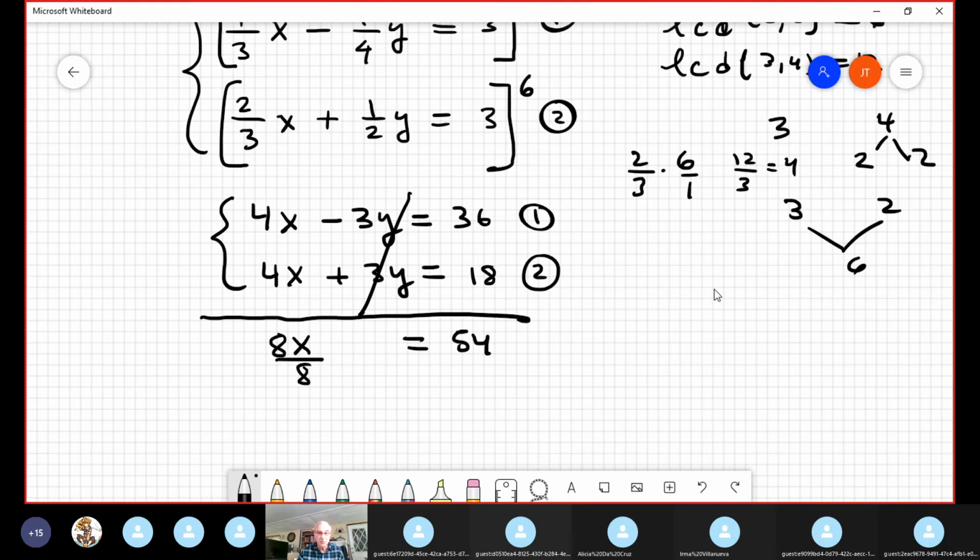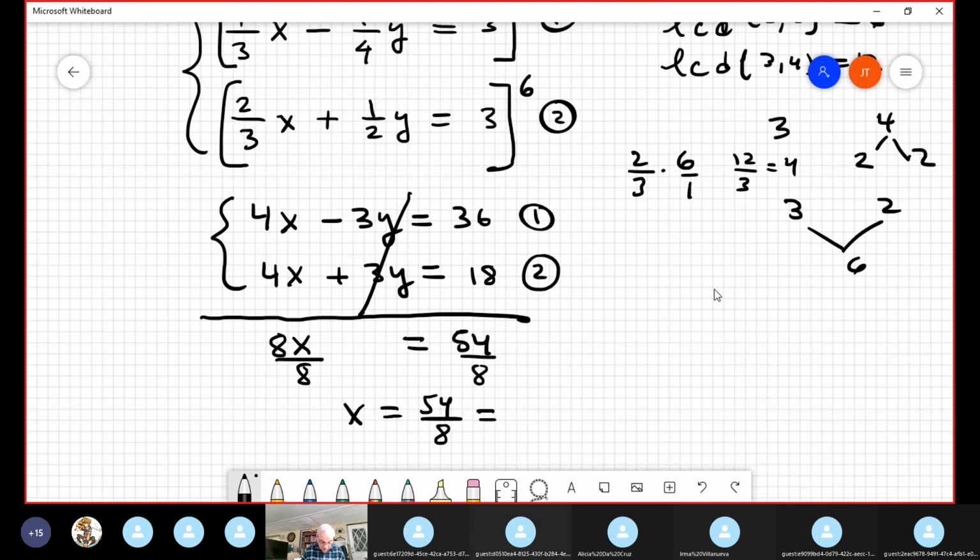54 divided by 8 on both sides. x is equal to 54 over 8. I suppose that we can reduce. Let me try 54, put it like a fraction in my calculator over 8.